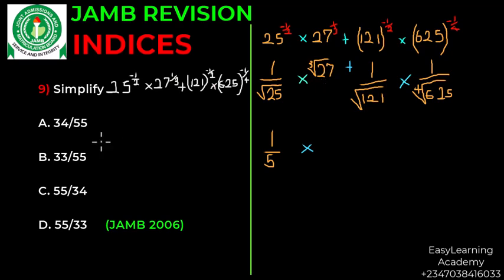The cube root of 27 is 3, so you simply have 3, and 3 is the same thing as saying 3 over 1. And let's introduce our plus sign. The square root of 121 is 11, so we have 1 all over 11.